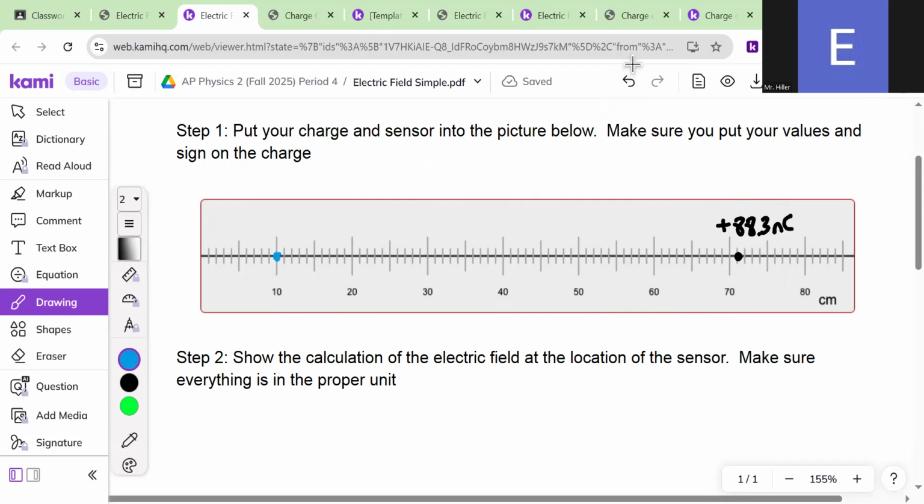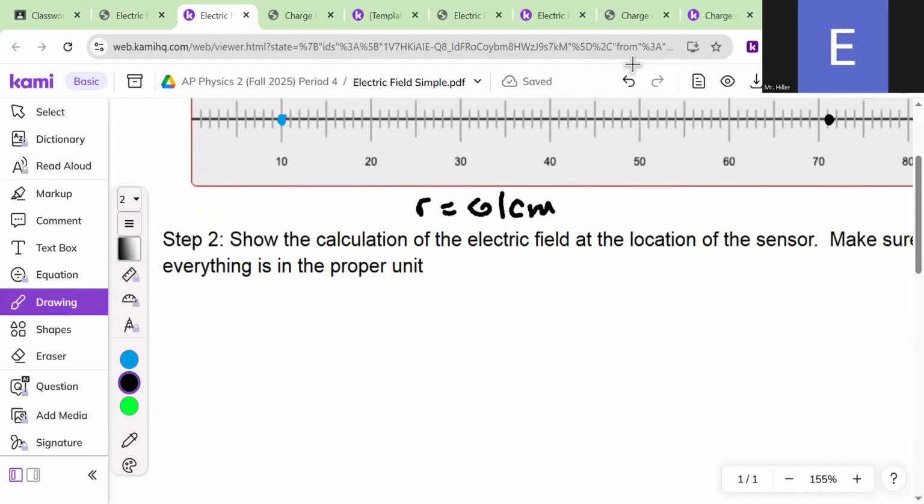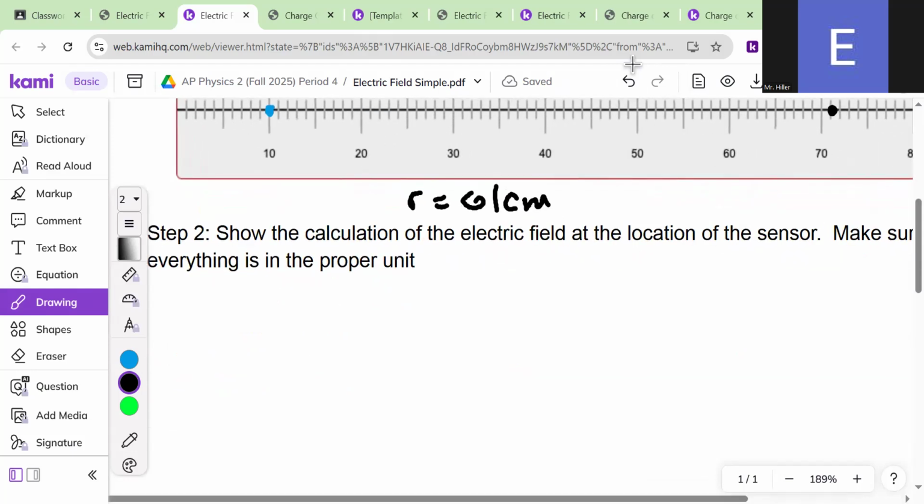Now, the distance are, see, it's what, 10, 20, 30, 40, 50, 61 centimeters or 0.61 meters. So for step 2, we're going to find the magnitude of that. And let's go ahead and calculate it. The equation we're going to use is KQ over R squared.